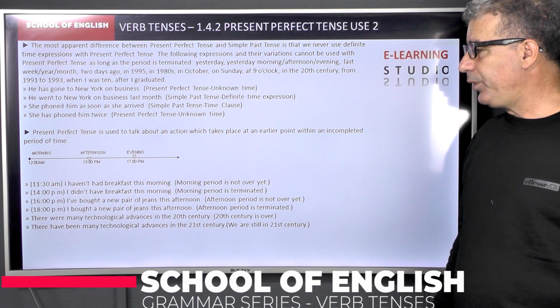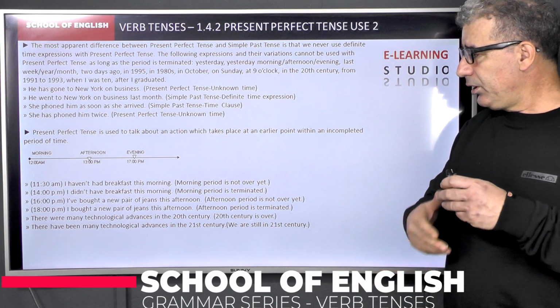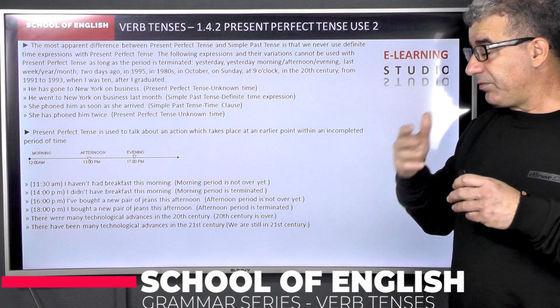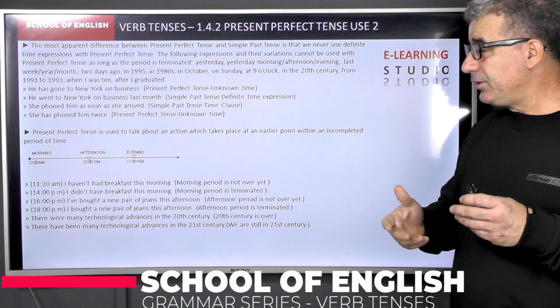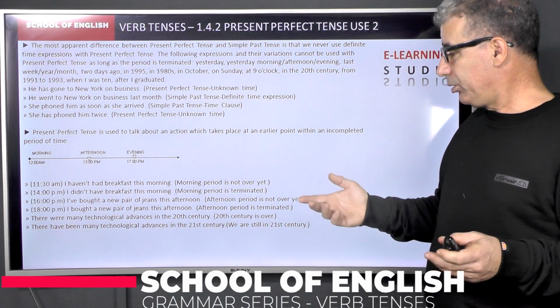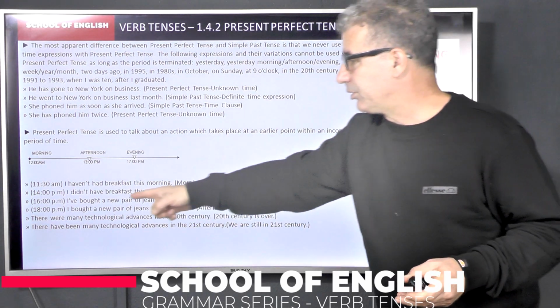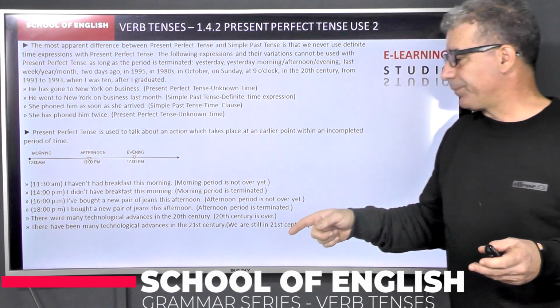Now, another example. I have bought a new pair of jeans this afternoon. We are still in this afternoon time period. It's not over. So, it's not terminated. That's why we use present perfect tense.